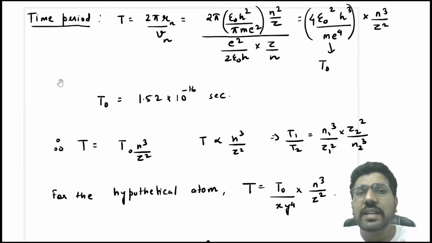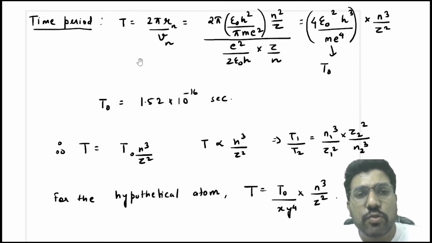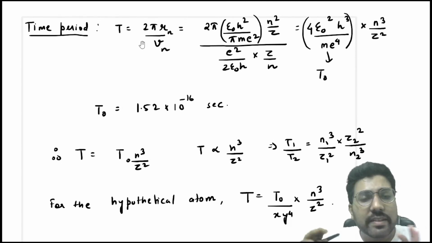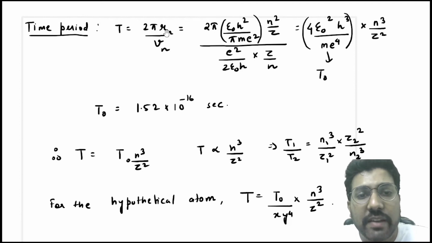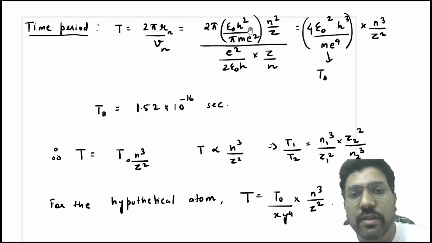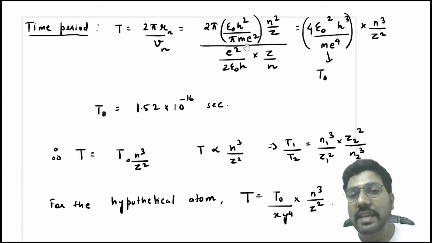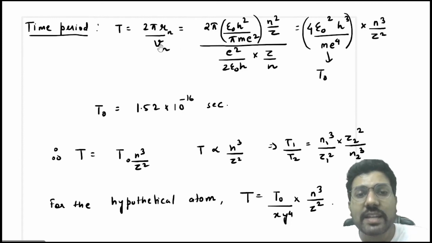The time period of revolution is 2 pi Rn by Vn, right? Now 2 pi is a constant. Rn we already have calculated. Rn is epsilon naught h square by pi me square into n square by z, divided by Vn. Vn is e square by 2 epsilon naught h into z by n.